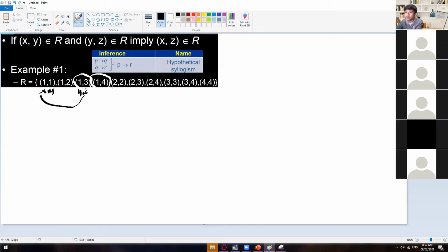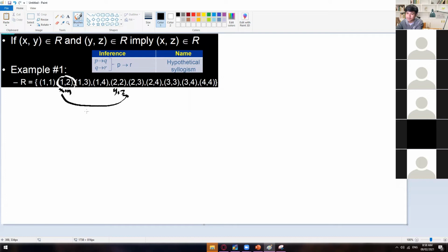What about 1, 2 and then 2, 2? We have x, y, and then y, z. As you can see, we also have this 1, 2 already. So x, z is 1, 2, which is this one already. Can you guys follow how we check step by step this relation as a transitive relation?